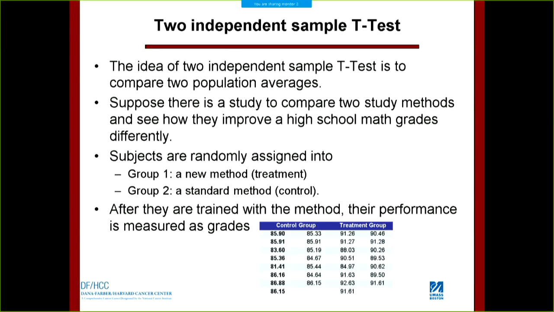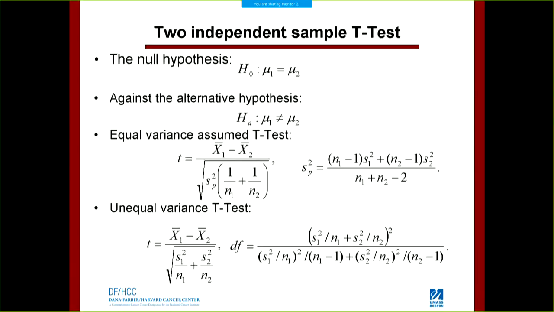So here is the t-test. We use the t-test to compare the significant difference between the average values of the two groups. As you mentioned, there are two different types of the t-test. One is the equal variance assumed t-test, where we use this formula, and the equal variance not assumed, where we use this formula with a different degree of freedom.